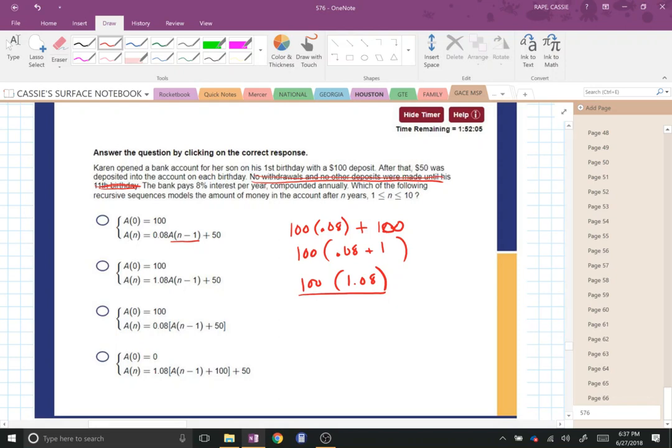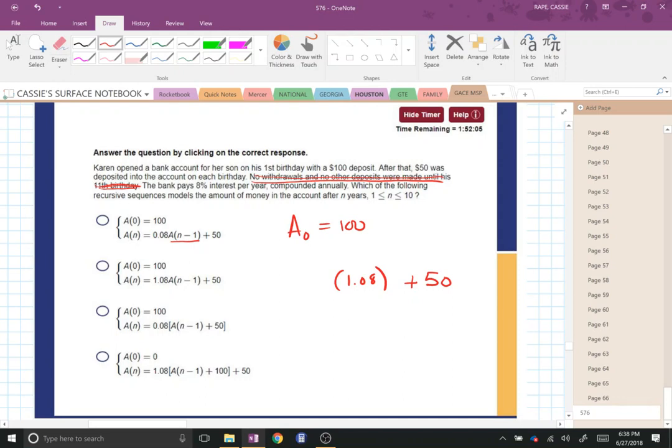Then he gets a deposit of 50. Now, the important thing to remember is this. The 100 was his first year, so A sub 0 is equal to 100. You could put A sub 0 right there. That represents the original amount. Hold on, I'm wrong about that.